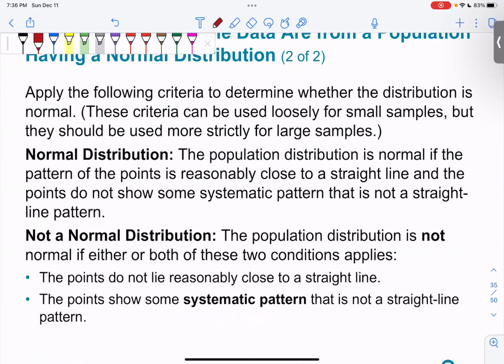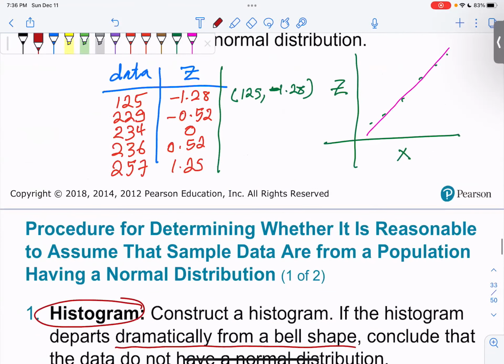When we do the normal quantile plot, we have two conditions to say this is a normal distribution. If the points we plotted are close enough to the straight line, this is a good indicator that this data comes from a normal distribution. So that is one condition.